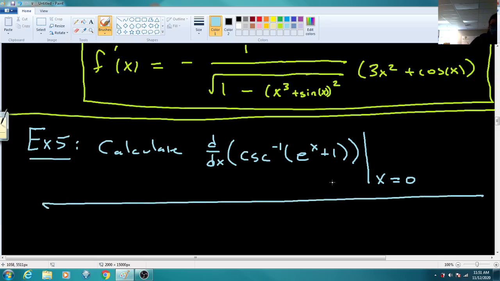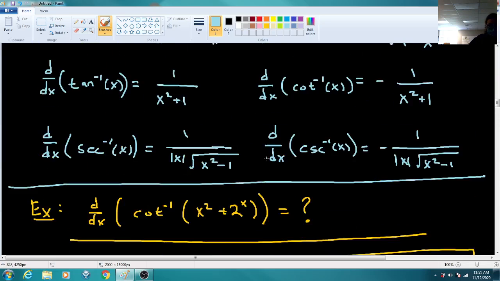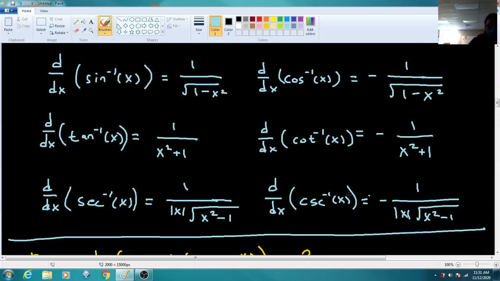So the first step is to figure out the derivative of arc cosecant of e to the x plus 1. We're going to use arc cosecant's equation and replace the x in it with the inner part, e to the x plus 1. So arc cosecant's equation is negative 1 over absolute value of x, square root of x squared minus 1.